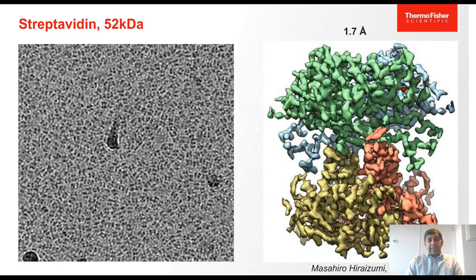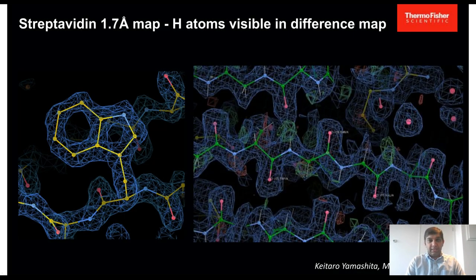So then the question was, can we really see the hydrogens even here with 1.7 angstrom data? This was done in collaboration with people at LMB Cambridge, especially Kietaro, who works in Garib Murshudov's group. And indeed, we can actually see hydrogens in this difference density here.